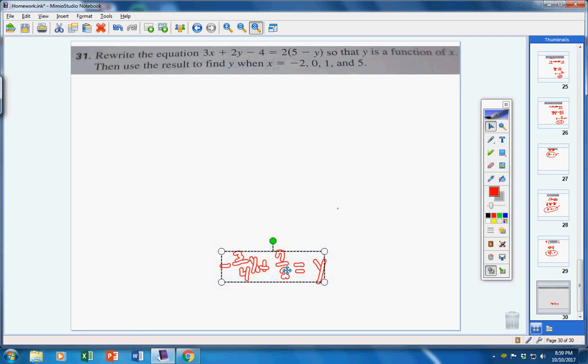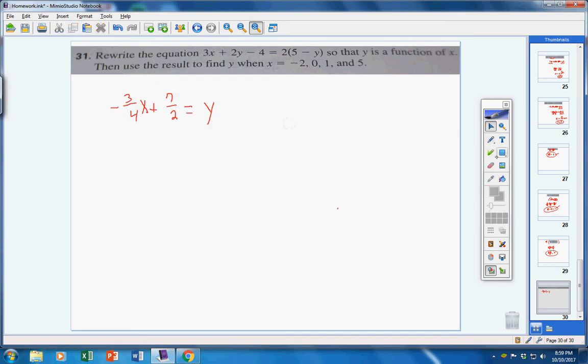Okay? Now they want us to put in some numbers for x. So here we go. Let's start with negative 2. Negative 3/4 times negative 2 plus 7/2 equals y. Negative times negative is positive. 3 over 4 times 2 would be 3/2 plus 7 halves, which is 10 halves, which is 5.